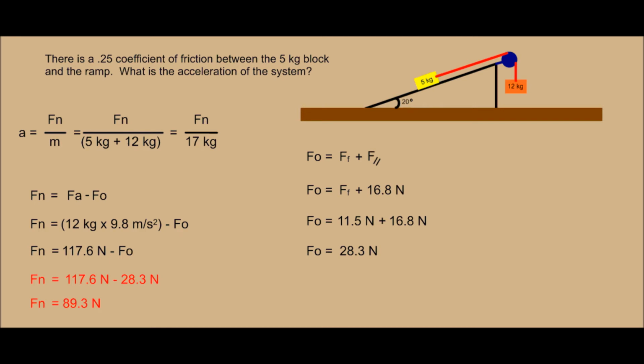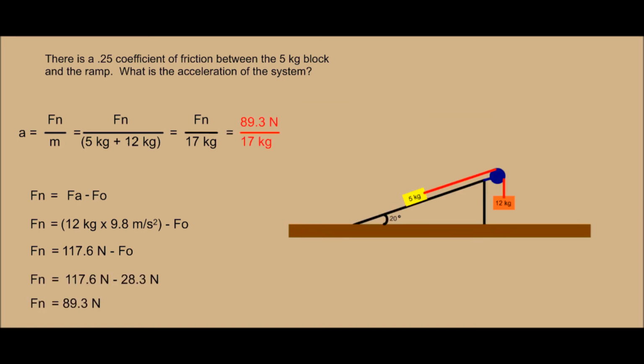The opposing forces, friction and parallel, combined was 28.3 newtons. So the net force was 89.3. We put that into our original equation. We have 89.3 newtons for our net force, 17 kilograms for our mass. Acceleration is net force divided by mass, 5.3 meters per second squared.